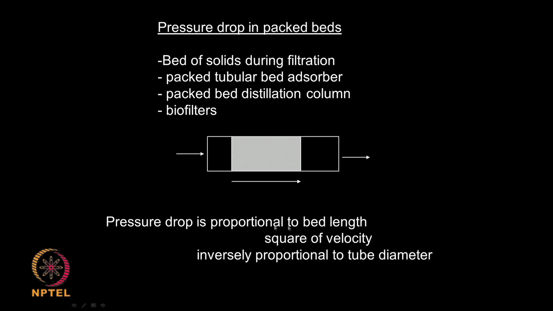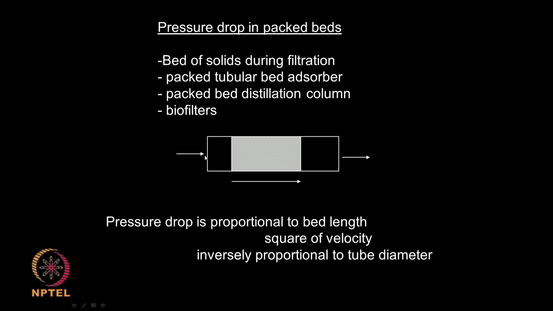The pressure drop also we can calculate, because if we have a packed adsorber, you are going to pump in a certain liquid or a gas, and it has to overcome this entire bed. The pressure drop will be sufficient to overcome the entire bed, so that the liquid or gas flows out on the other side.